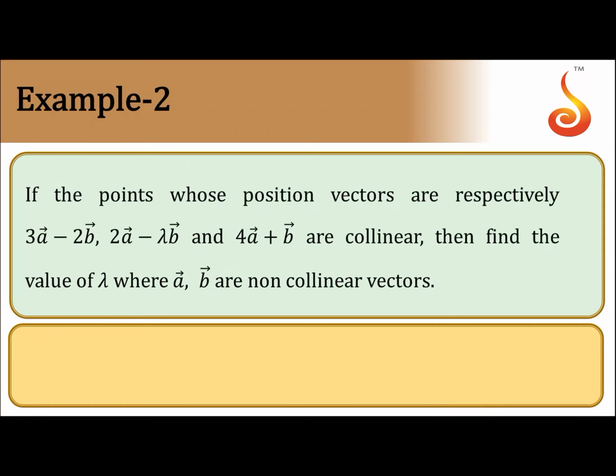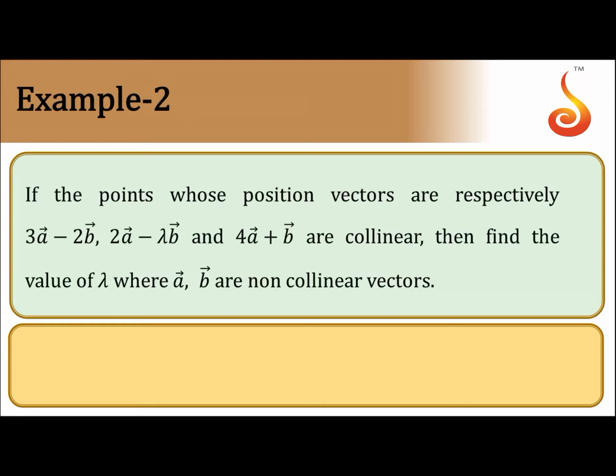Let's proceed. Example 2. If the points whose position vectors are respectively 3a bar minus 2b bar, 2a minus lambda b and 4a plus b are collinear, then find the value of lambda, where a, b are non-collinear vectors. You are given 3 points with position vectors.